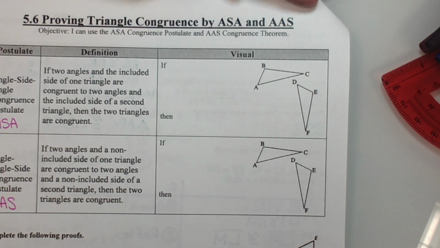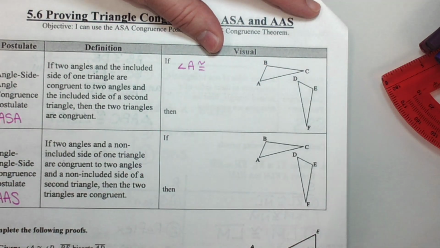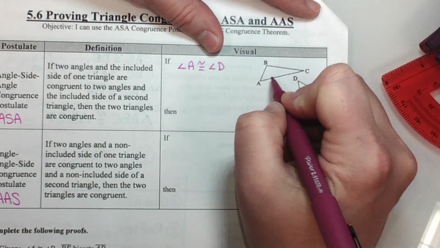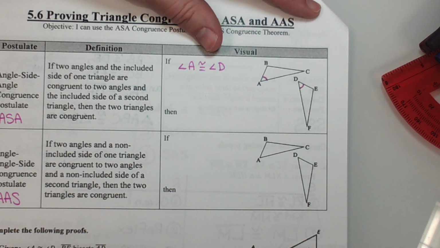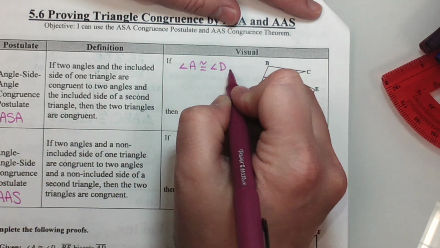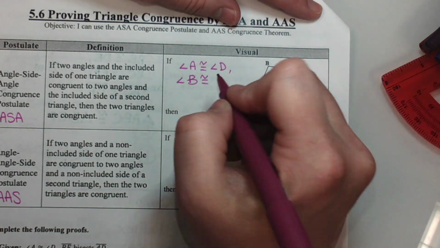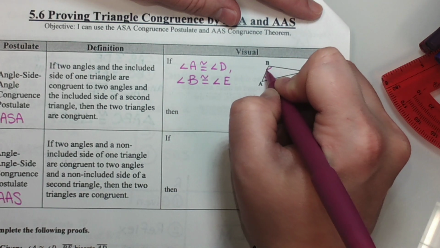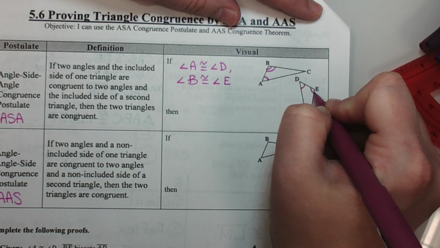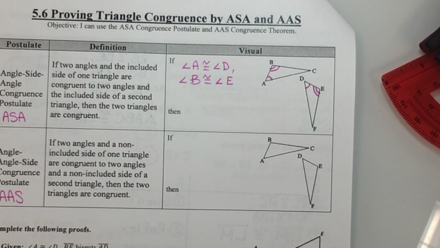So if I have a situation where I know angle A is congruent to angle D, and I'm going to put the angle marks in angle A and angle D, and I also know that angle B is congruent to angle E, I'm going to put the double marked angle in this side. Angle side angle has two pairs of angles and then the side between them.